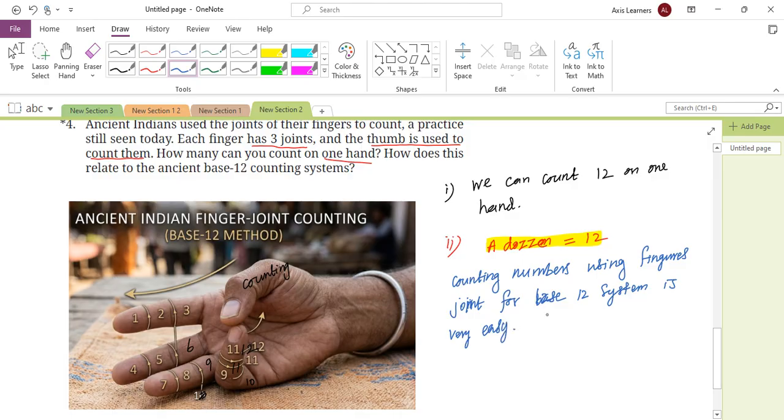Very easy, because we have used the base 12 system, right? In our one hand we can count 12, so it is easy to count.